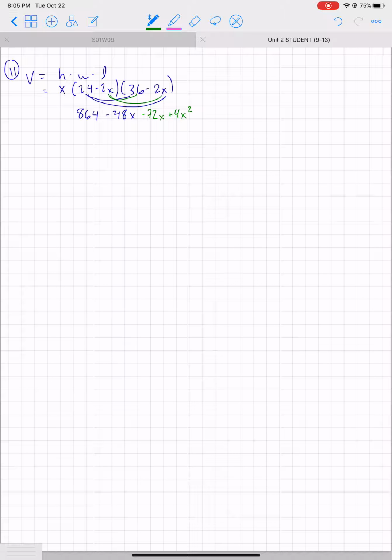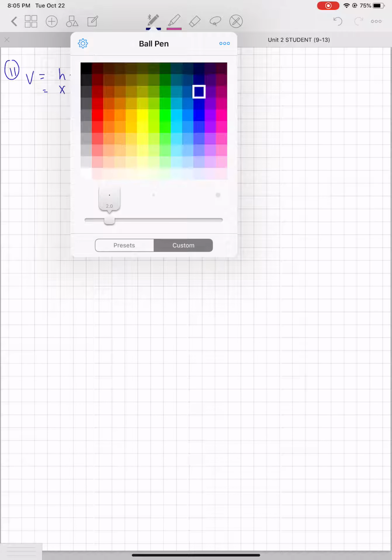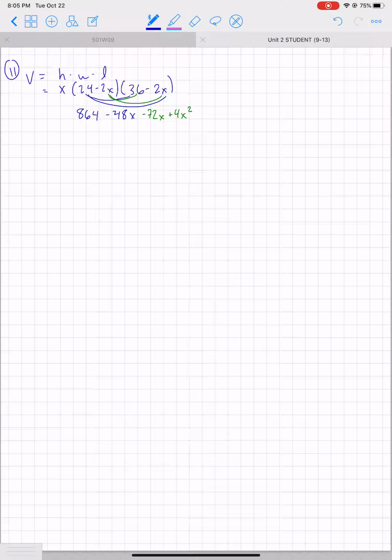I don't like my x's out of order, so let's rearrange it. So we have, bring this down, 4x squared. We can combine like terms. And then 864, and then now we have to distribute that x, which is a little bit easier than what we just did.